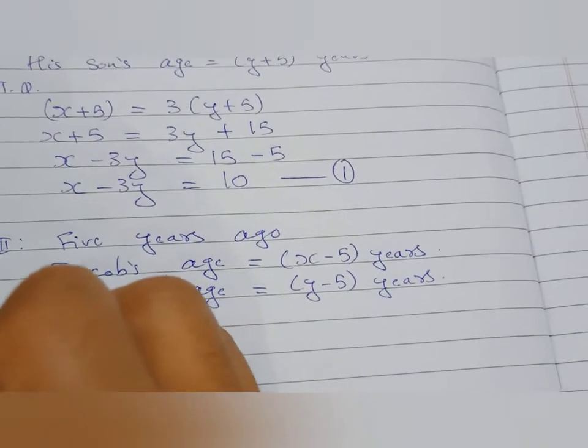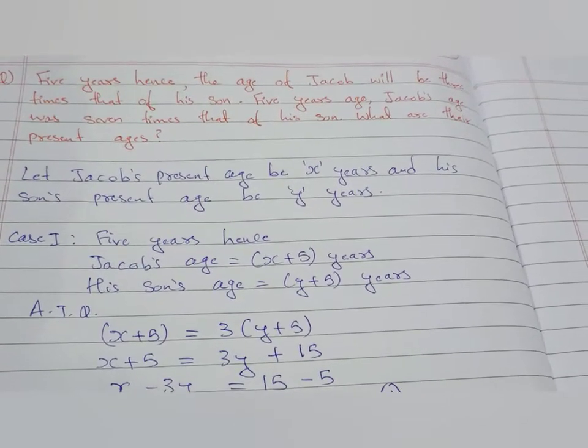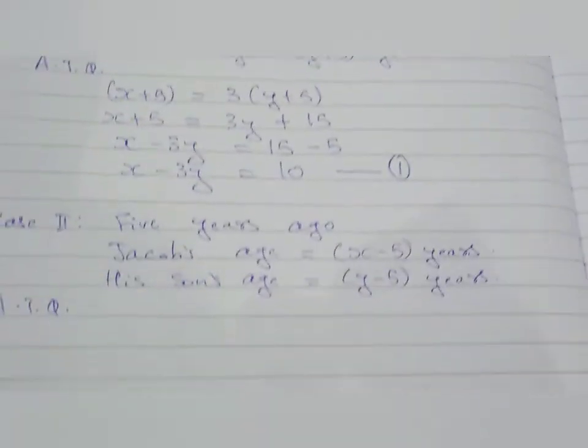According to question, it has been given to us that 5 years ago, Jacob's age was 7 times that of his son.